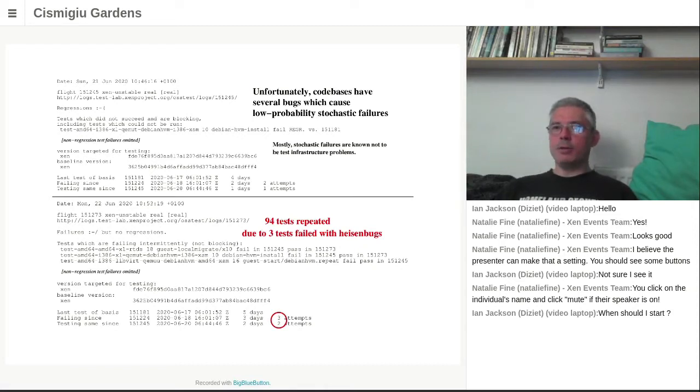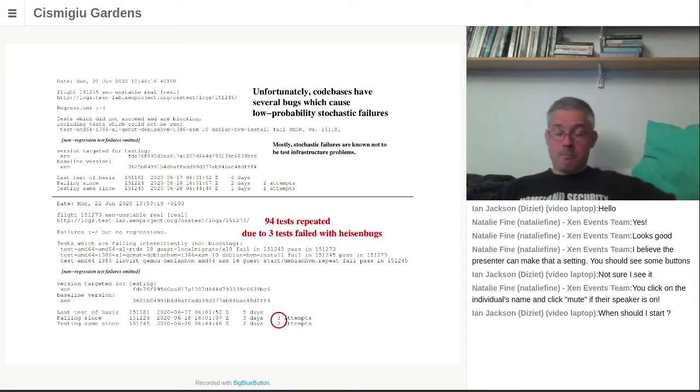Then it reran on the same version, the test passed, and it called that a success. It had 2 or 3 attempts, depending how you count them. This is quite wasteful of resources, and it also gets in the way of development.